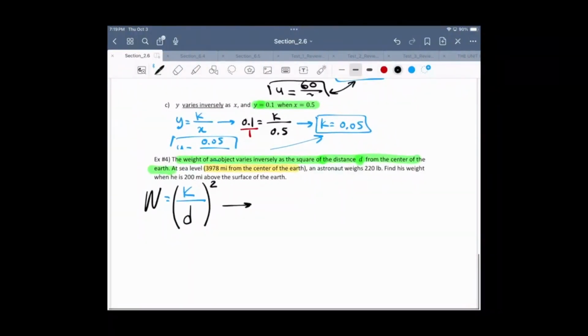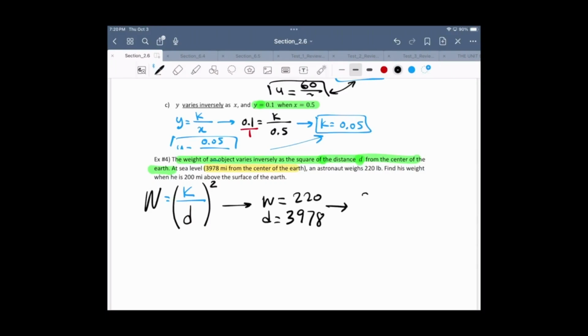So we have w at 220 pounds, and the distance we already know. If he's at sea level, his distance to the center of the earth is 3,978 miles. So let's plug these two values into this equation and solve for k.